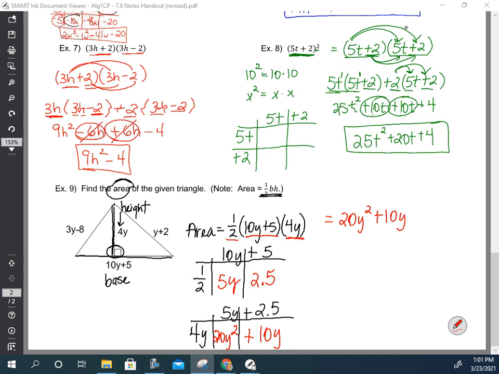Now, you can just as easily get the same answer by doing distributive property. So if you do distributive property, you'll still get the same answer. Distributing, you do 2 at a time. So 1/2 times 10y plus 5, 1/2 times 10 is 5y, 1/2 times 5 is 2.5.